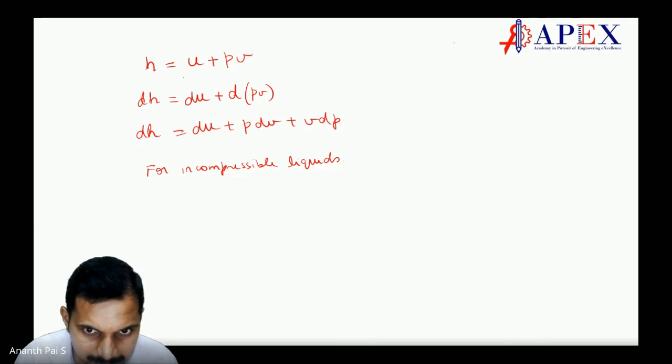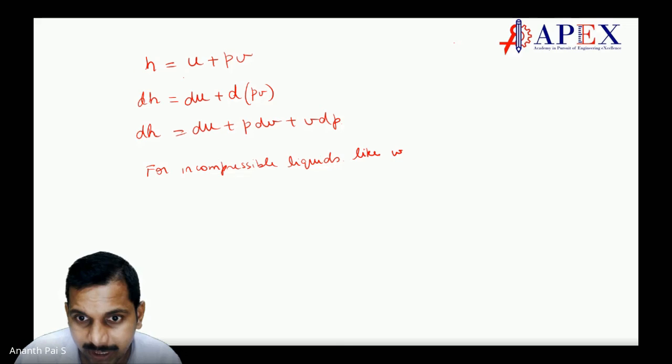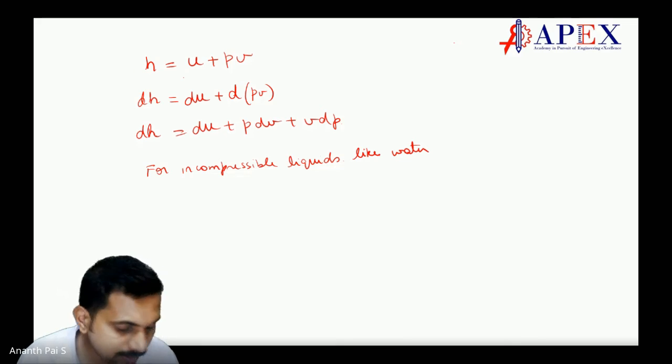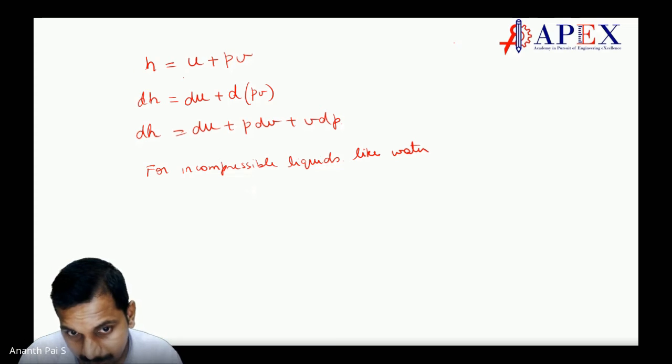For incompressible liquids like water, which are generally incompressible, what will happen? In PdV, dV is equal to 0, correct?